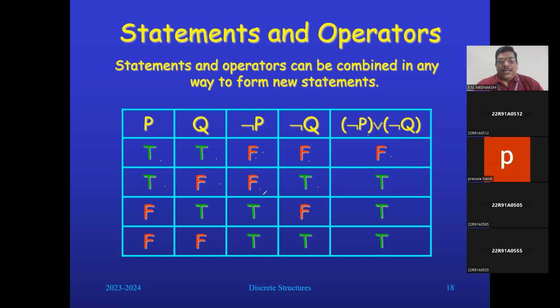Because the negation of P is false and the other is true, it becomes true. So except when both propositions are false, the resultant will not be false. If any one of the propositions is true, the resultant will be true. So in this one, the resultant will be true here. Okay, then the next row: P is false, then Q is true.